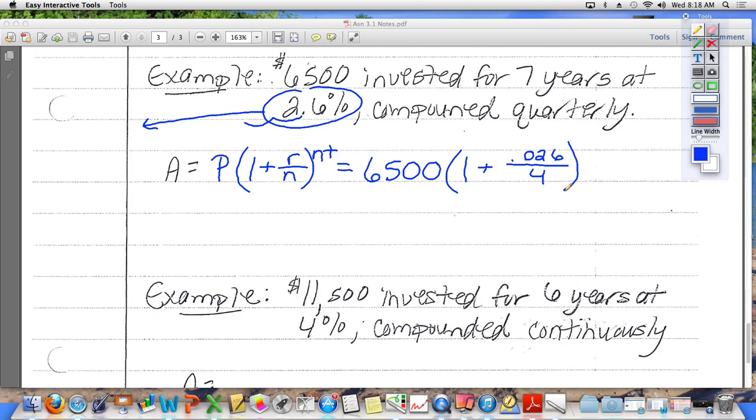What is t? 7 years. So in this case, you are going to be raising it to the 4 times 7 power. Good for you? So we have equals 6,500 times 1 plus 0.026 over 4.